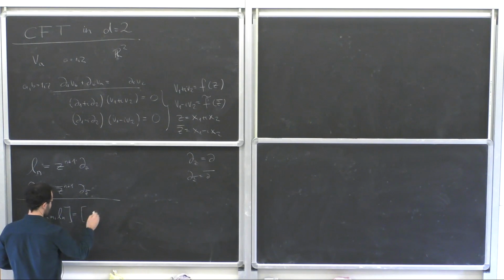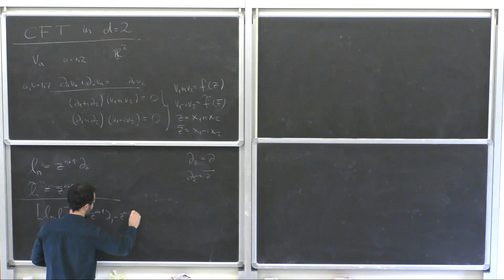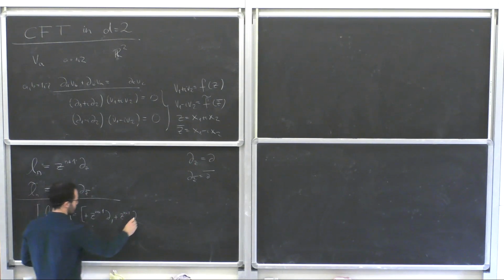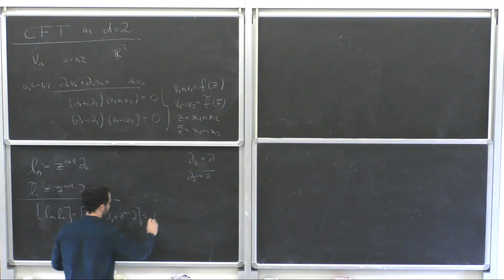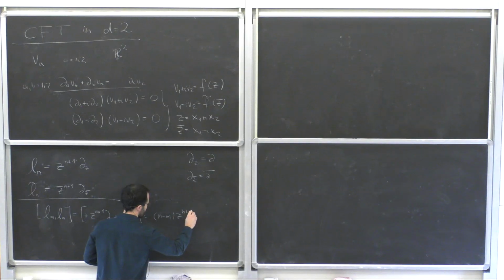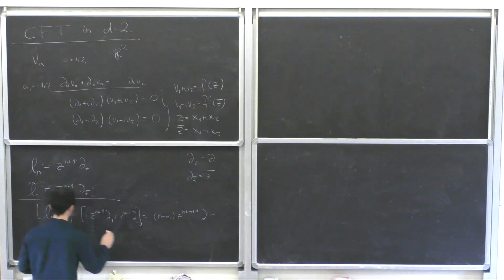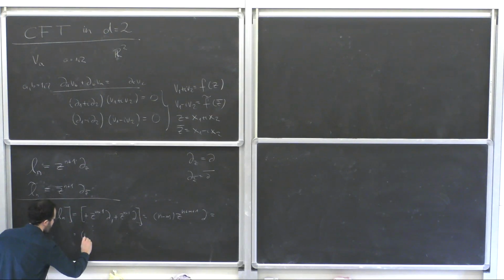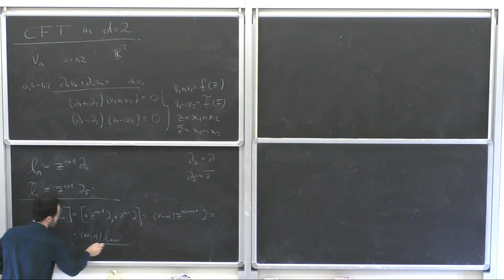Well, we should put these extra minus signs, so we would have z^(n+1) ∂ acting with z^(m+1) ∂. So this minus cancels this minus, and when this one hits over here, the other one hits over there. So ultimately, you end up with (n minus m) z^(n+m+1) ∂, which is nothing else than (m minus n) l_(m+n).